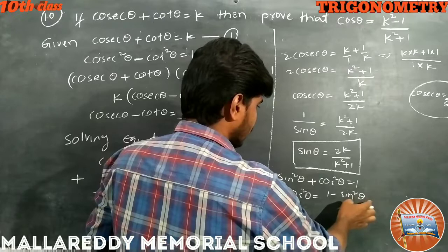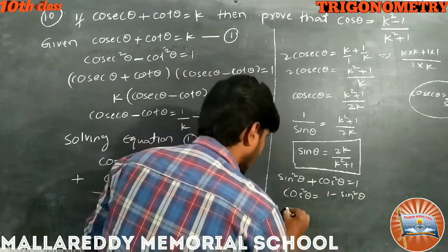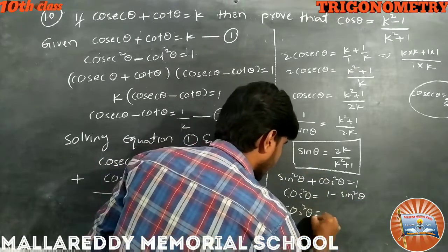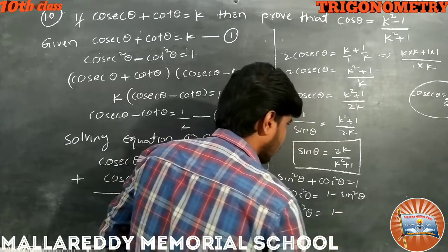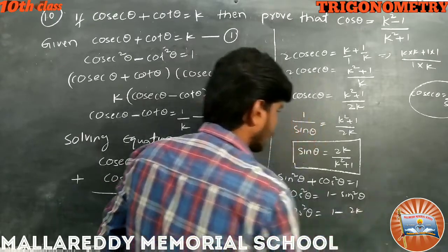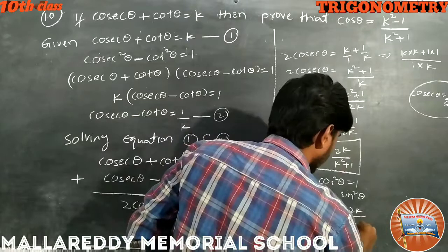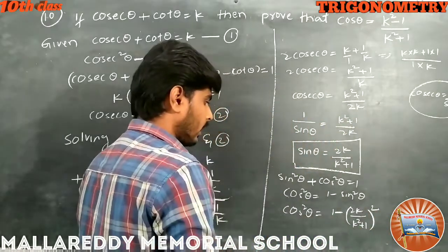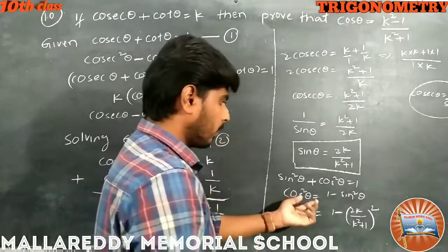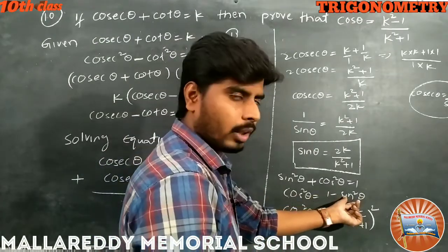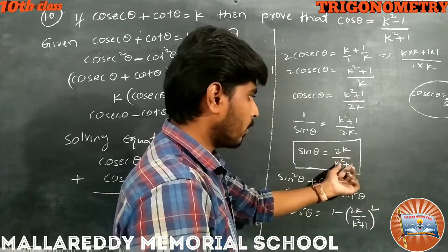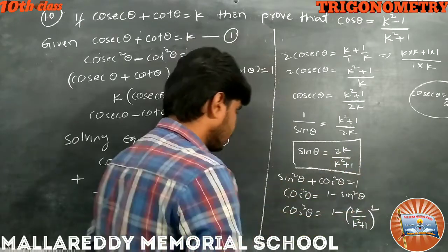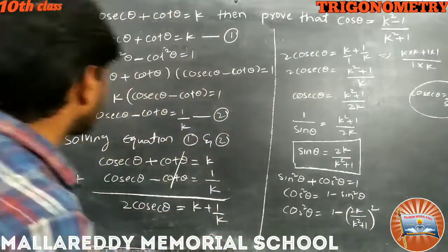What is the sin theta value we have? So cos square theta is equal to 1 minus 2k by k square plus 1 whole square. Here I have replaced sin theta with 2k by k square plus 1. Now I am going to simplify that.